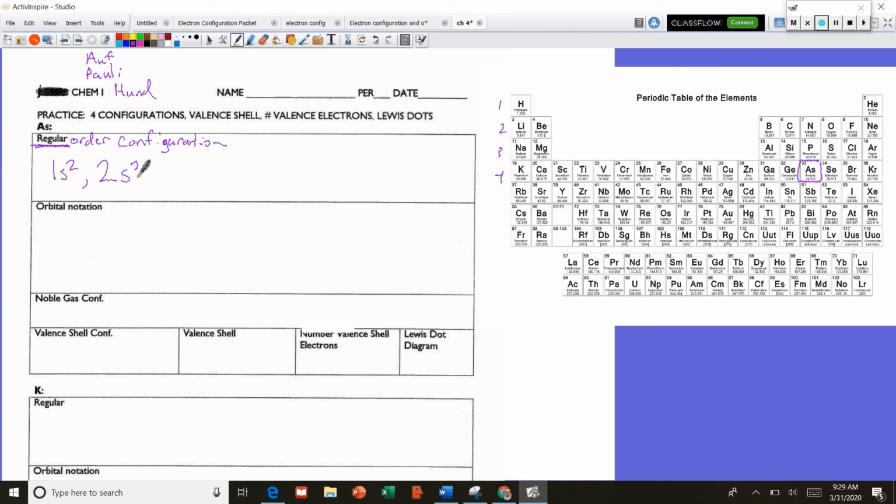So we've gone past beryllium. Now we're looking at the P's, so we're past neon, so that means that 2p6 is done. In the 3rd period, we have 3s2 and 3p6.